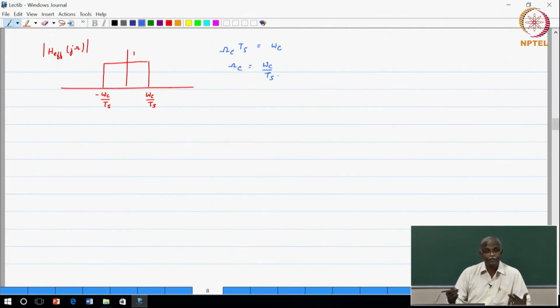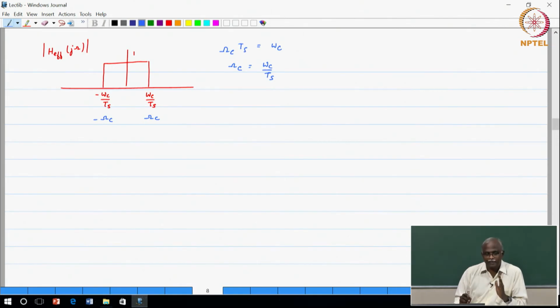That is how you would specify a low pass filter in continuous time with a cutoff frequency. So, this would be minus omega c, this would be omega c. Again, I am repeating this notationally so that we are comfortable drawing a particular spectrum and labeling it either in continuous time or in equivalent discrete time notation.